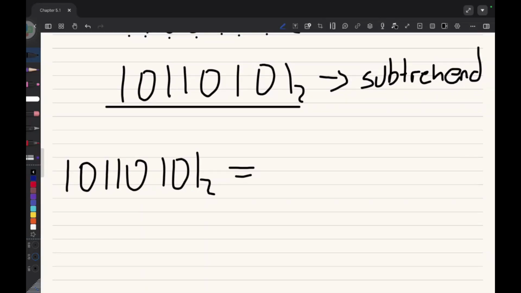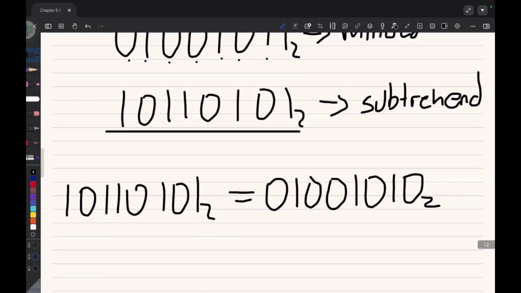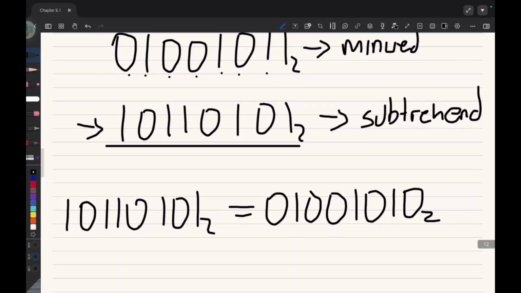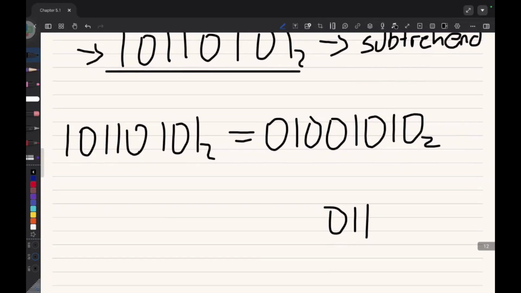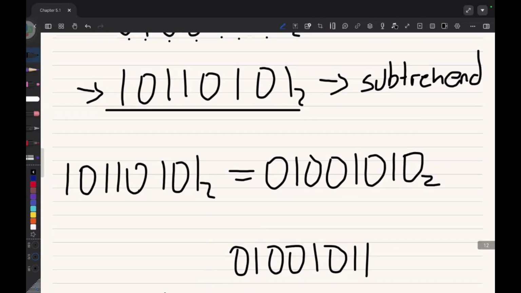It's going to be 0 1 0 0 1, wait, 0 0 1 0 1 0. This is going to be the complement of this subtrahend number. Now we take the first number, 0 0 1 0.